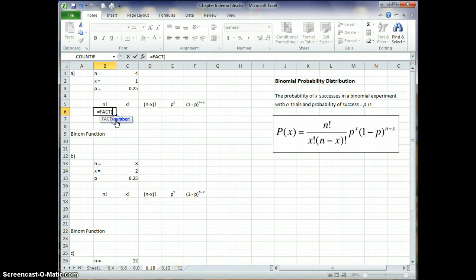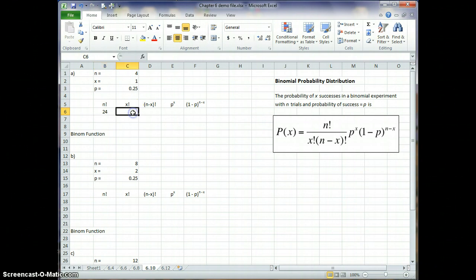So I'm going to double click here and it's going to be 4. I'm going to click on cell C1, close the parentheses and check it. And in this case it's going to be 24. 4 factorial would be 4 times 3, which is 12, times 2, which is 24, times 1, which remains 24.